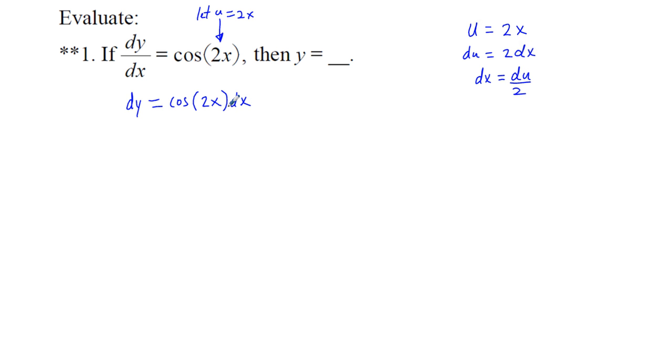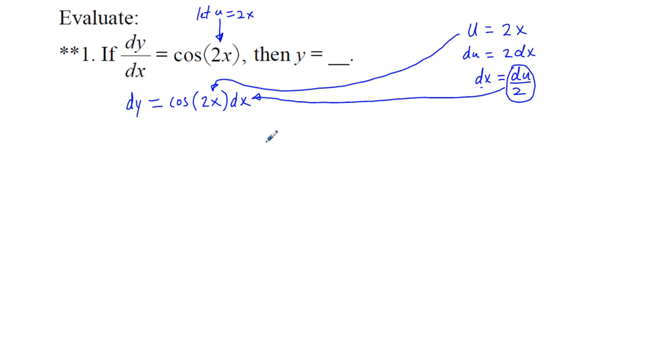Next, we're going to substitute in for u. So we take this u, substitute it in for 2x, and this dx, we're going to take this du over 2 and substitute that in for dx. And so on the left we have dy is equal to cosine, and this time we say u, times du over 2.